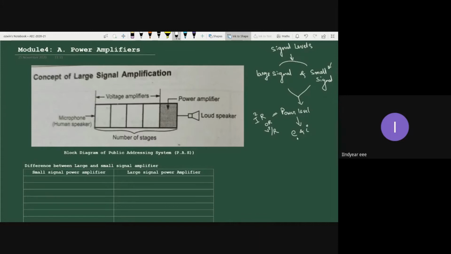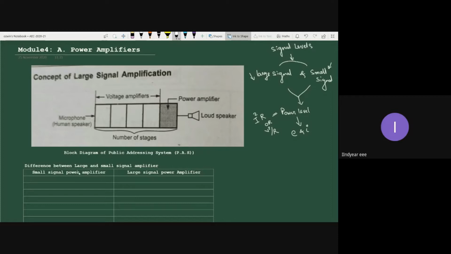On the other hand, if your voltage and current signals are large, then you are going to get a large signal. Accordingly, your amplifiers are classified into either small signal amplifier or large signal amplifier.